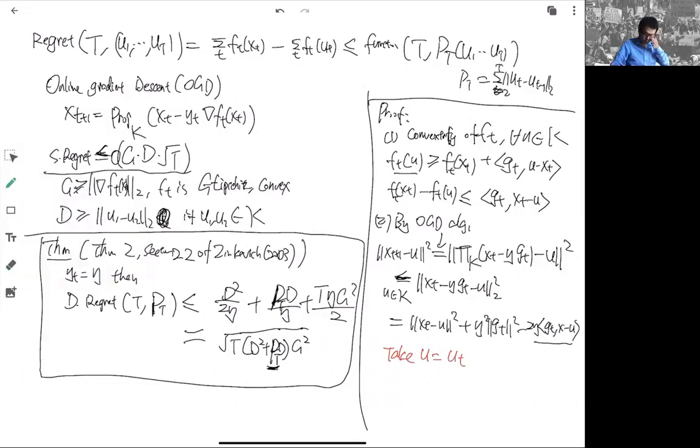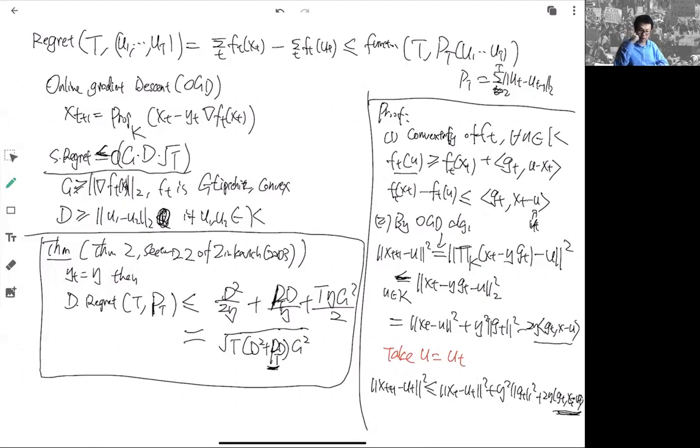If we take u to be ut, then we get xt plus 1 minus ut squared smaller than xt minus ut squared plus eta squared gt squared plus 2 eta gt times xt minus ut. And then let's apply the first fact with ut as well, and we end up getting something that we can upper bound.